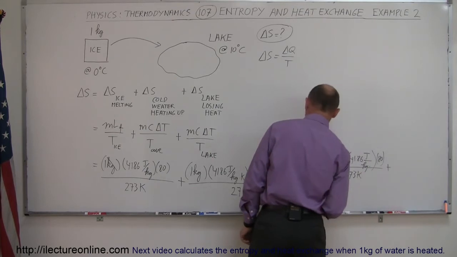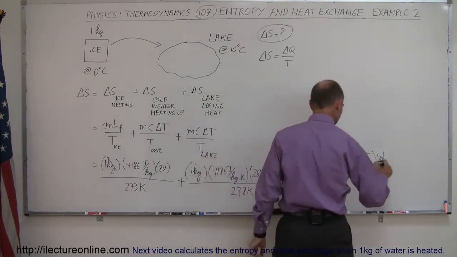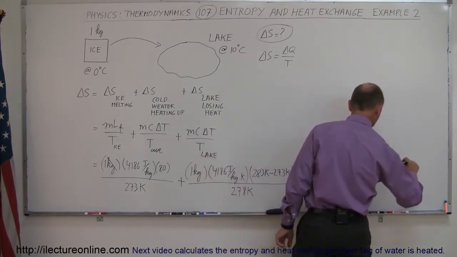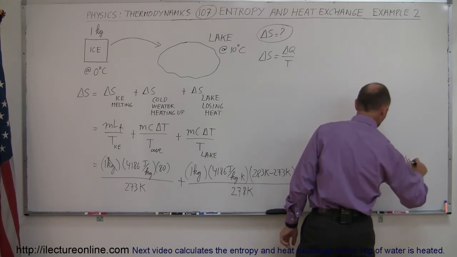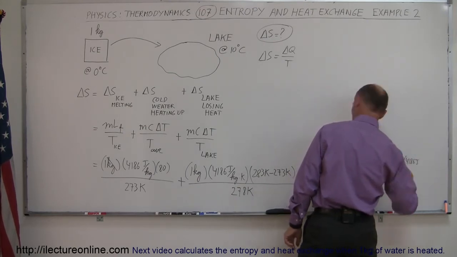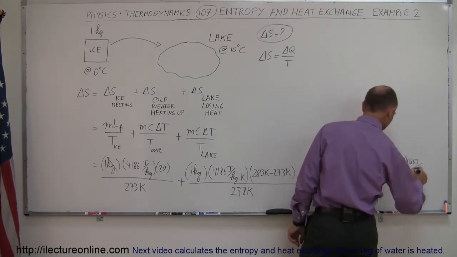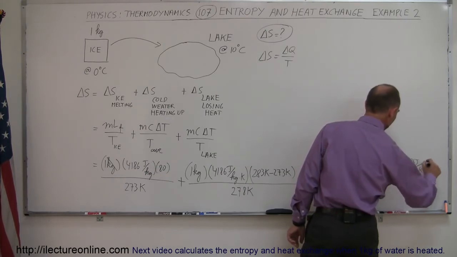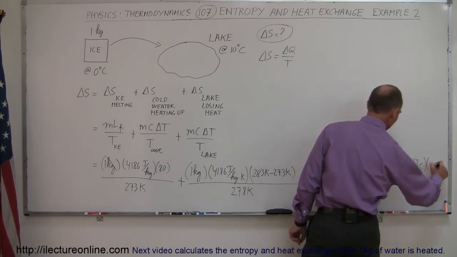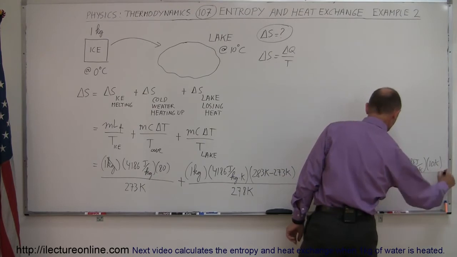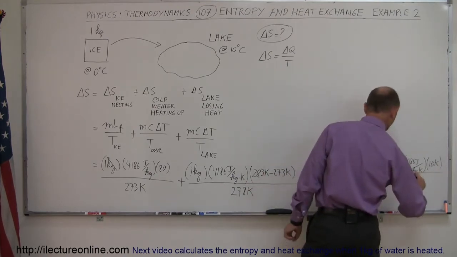And then we have to add to that this quantity right here, which is 1 kilogram, times 4,186 joules per kilogram per Kelvin. And the difference in temperature, which is 10 Kelvin, and all divided by the average temperature, which is 278.